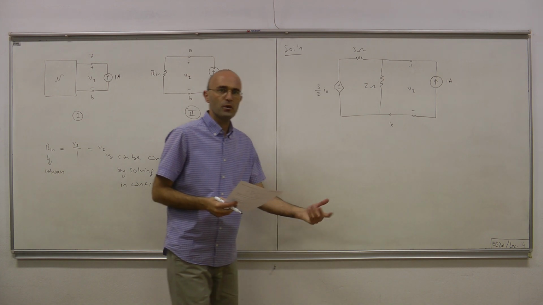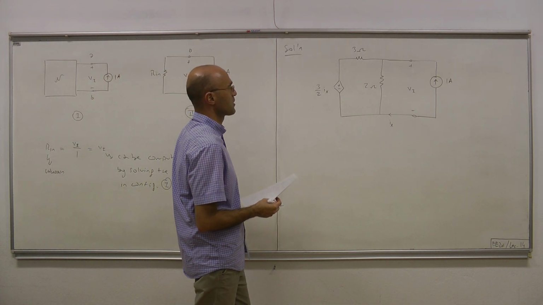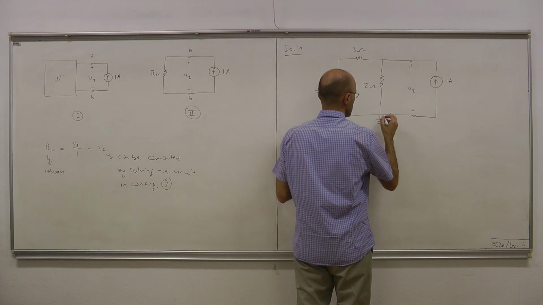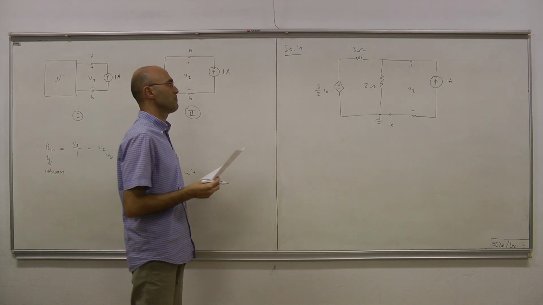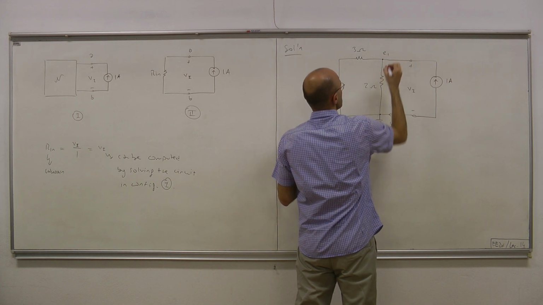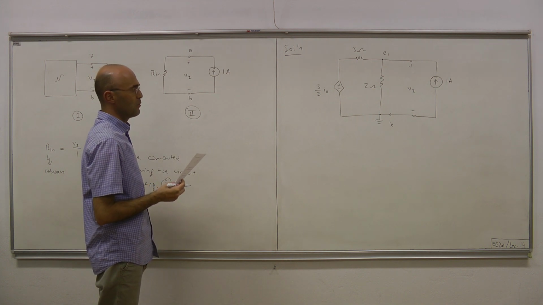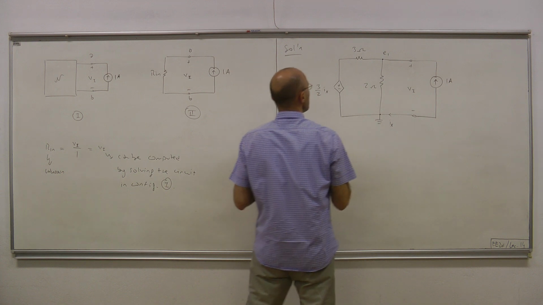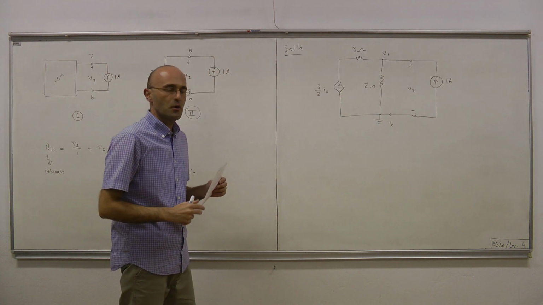Okay. Now we have methods that we can use to solve LTI circuits, node voltage method and mesh current method. So let's apply node voltage method. Let's choose a ground node. So let that be our ground node. And then there remains only just a single node, and let the node voltage for that node be E1. Okay. So let's write KCL at this node. This current plus this current plus that current must equal 0.